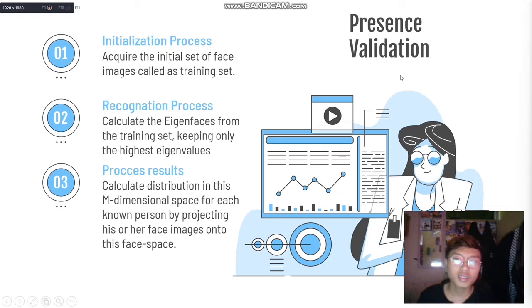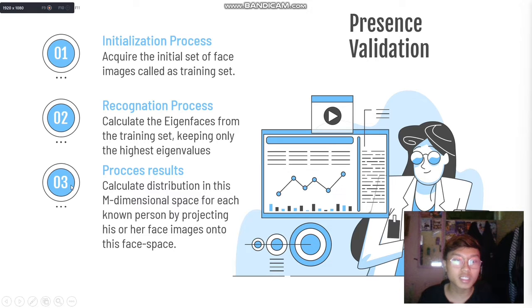And next, here we present validation step by step. One, initialization process: acquire the initial set of face images as the training set. Two, recognition process: calculate the eigenfaces from the training set, keeping only those with the highest eigenvalues.